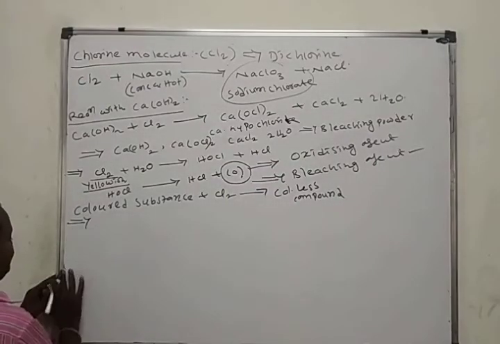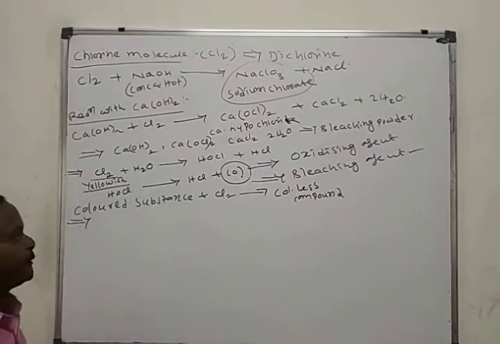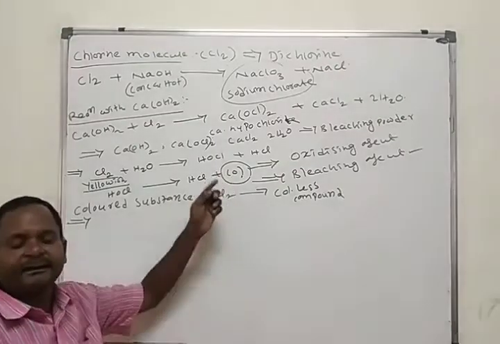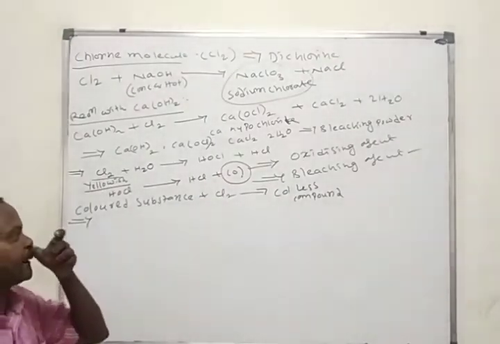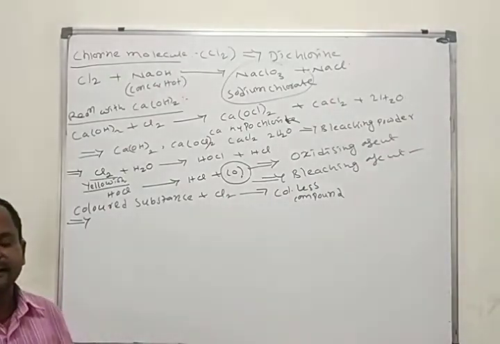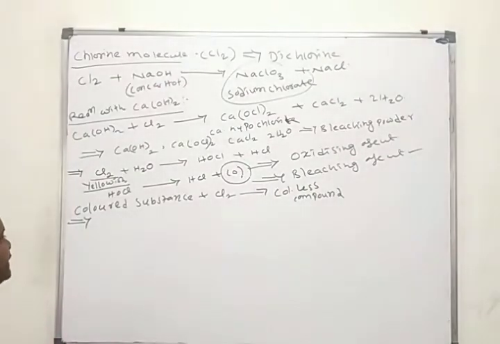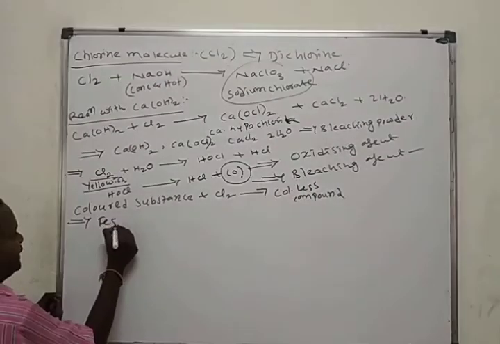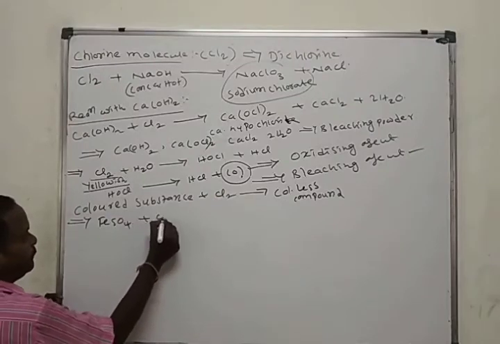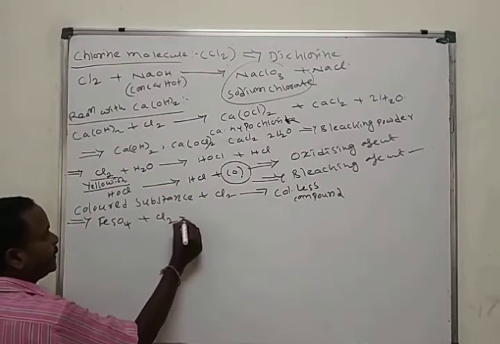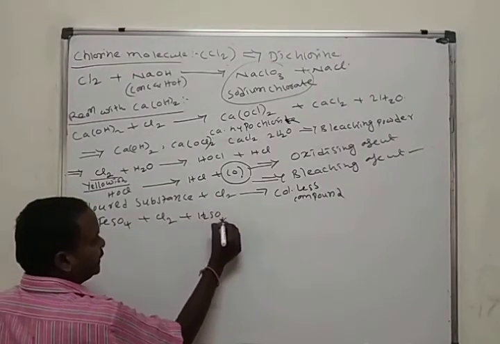Oxidizing property. Due to the liberation of this nascent oxygen, it also acts as an oxidizing agent. Chlorine converts ferrous sulfate into ferric sulfate in the presence of sulfuric acid.